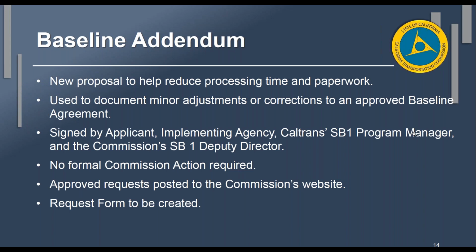Okay, all right. So just quickly, to Kevin's point about if there are additional benefits, I don't see the need to do a baseline amendment or an addendum to document additional benefits, because that's a good thing, and you are basically delivering more than what you said you were going to deliver in the first place.